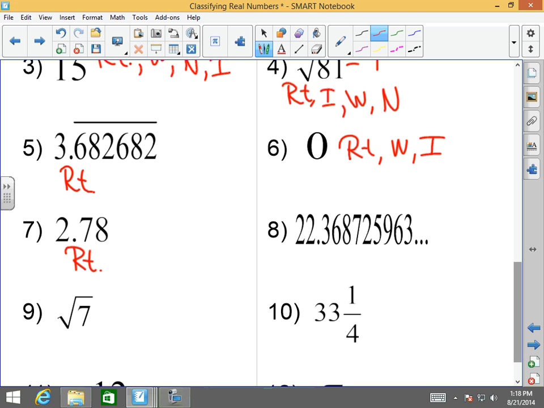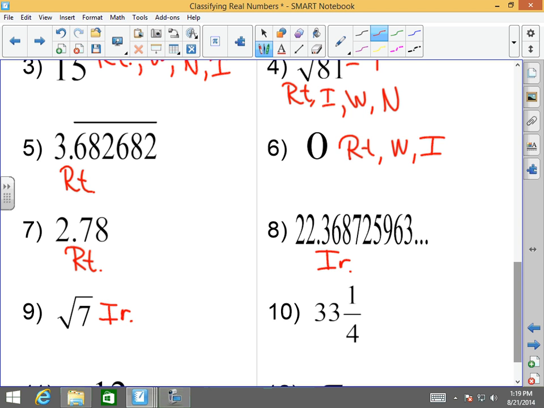No. How about 22.36872 keeps going on? You guys are quick. Awesome. Irrational. Because the decimal does not end and it does not repeat. How about the square root of 7? Irrational. Is that a perfect square, my man? No. So that would be irrational.